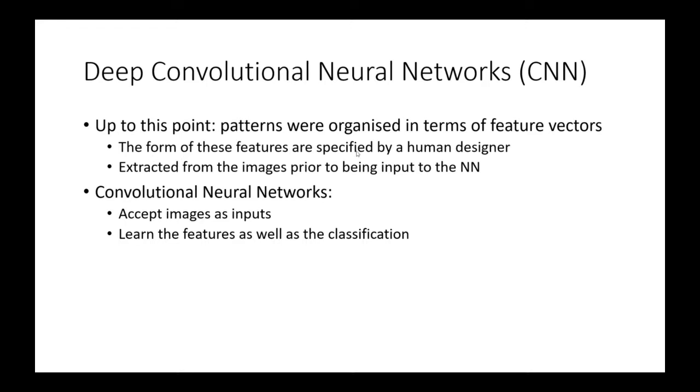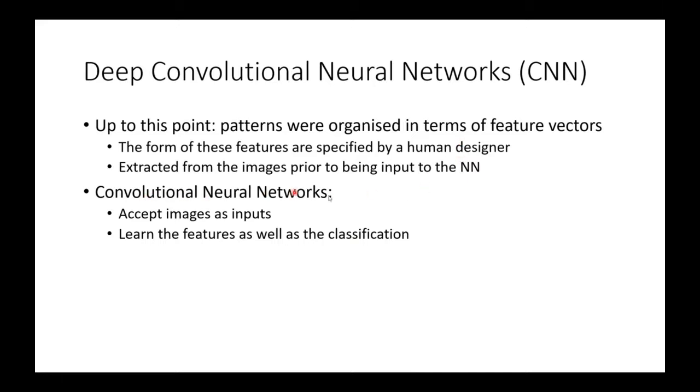The form of these features was specified by the user or the human designer, and they had to be extracted from images prior to being inputs to the neural network. We've seen in the practical this week an example of that with the banknote data set, where the inputs were pattern vectors extracted by traditional image processing tools.